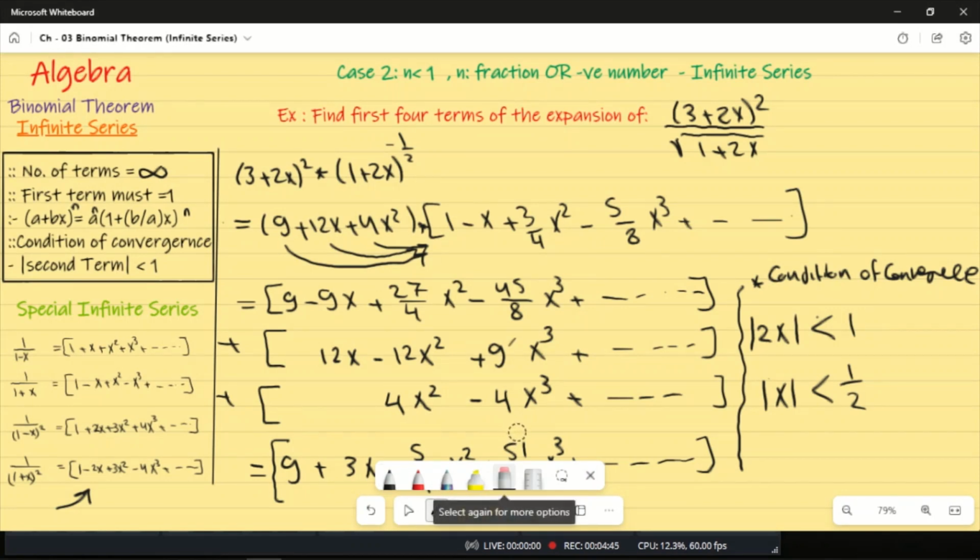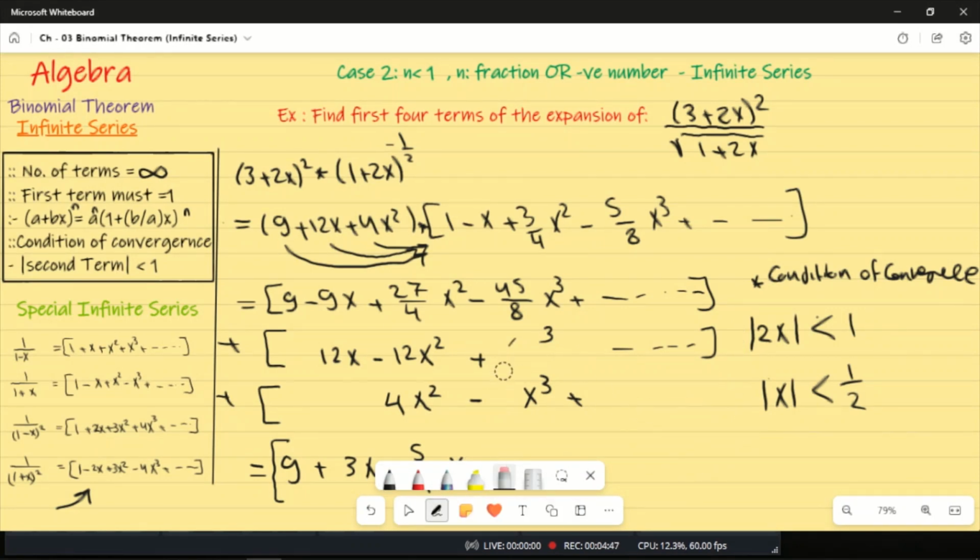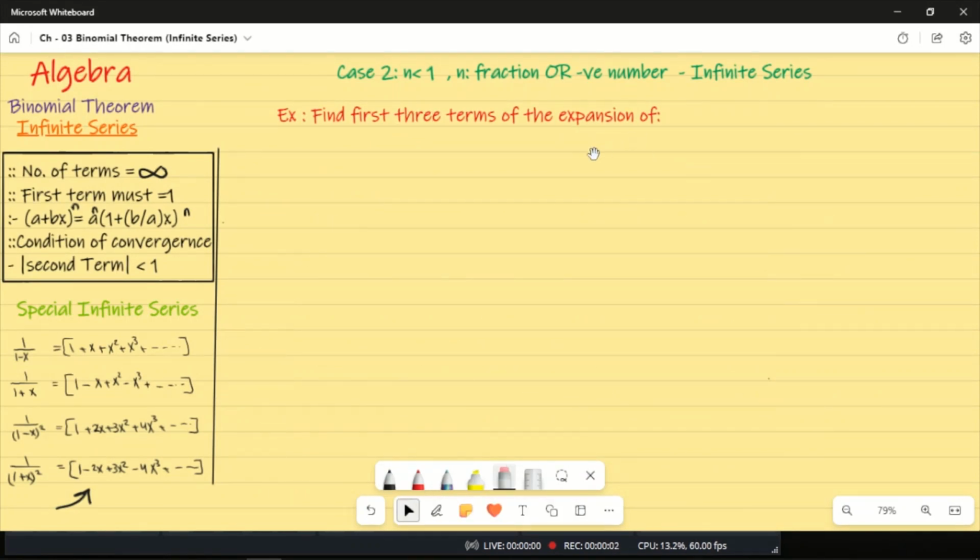Just clear that. Another example, in this case we have here square root of 1 minus 3x by 1 plus 2x.